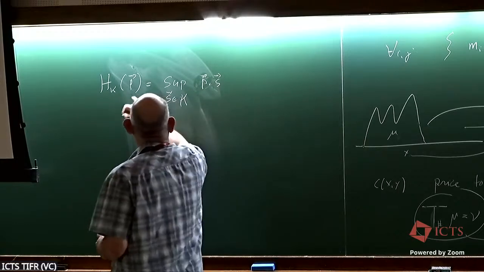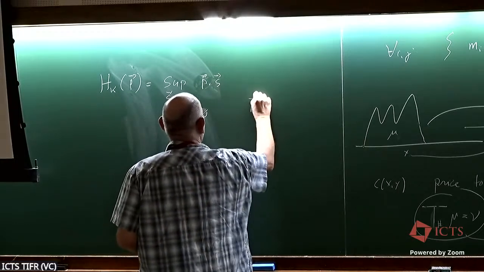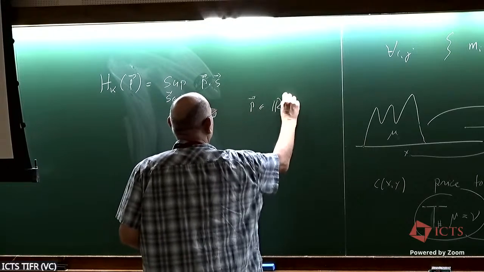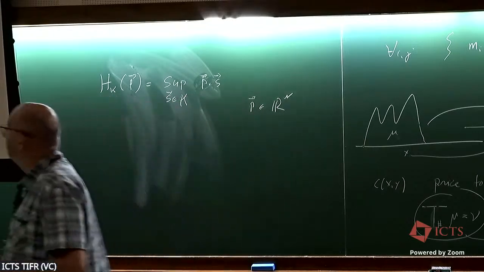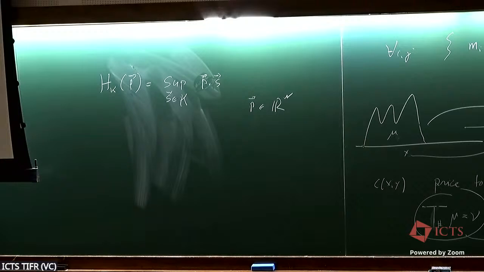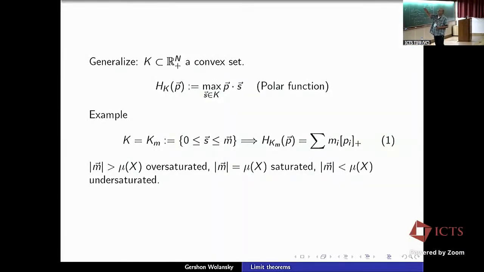So P is a vector in Rn. We call it the price vector. In this example, we take K to be the simplex, all the masses component-wise bounded by M, then evidently the polar function will be just the sum of Mi times the positive part of Pi.